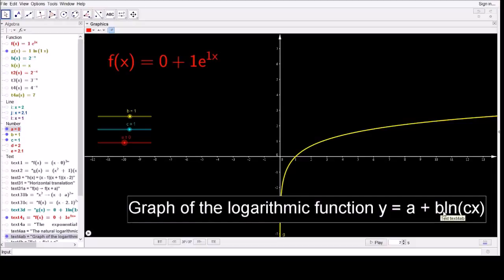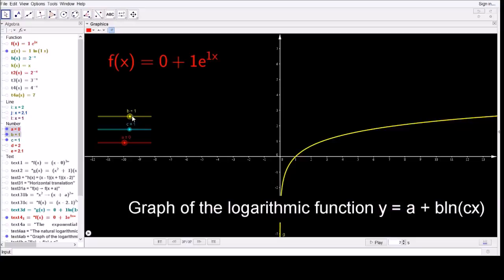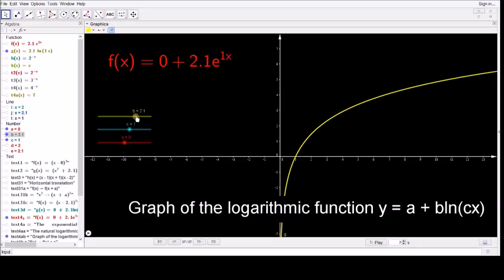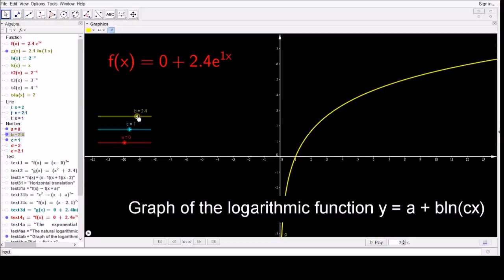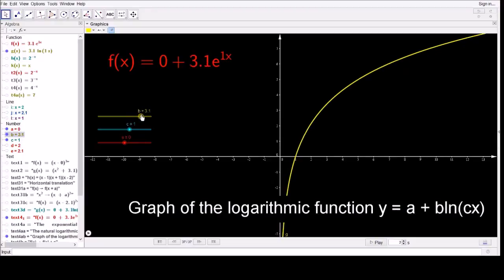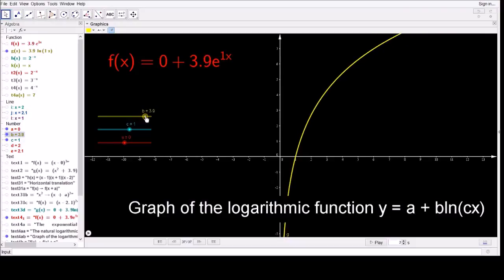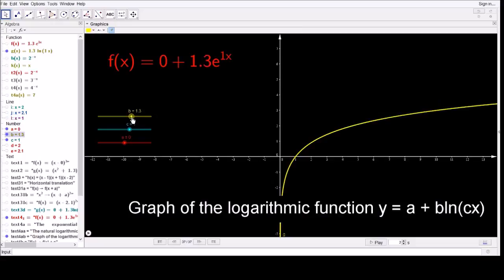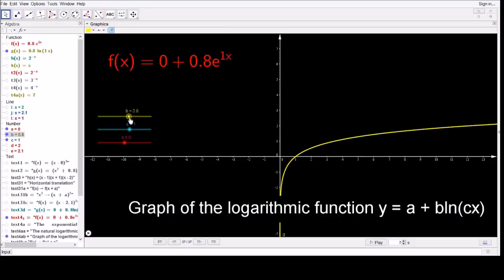That is, applying a vertical stretch. As b increases, we can see that the graph of the logarithmic function curves upwards more steeply. The shape is changing. But notice that the intercept on the x-axis remains in the same location. It's still intercepting at 1, 0.